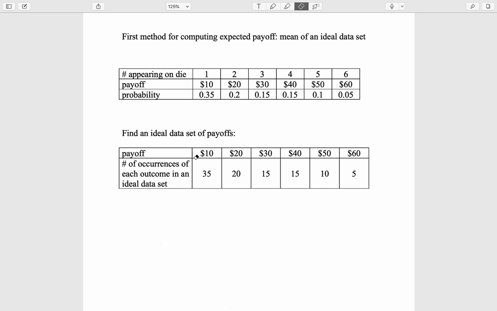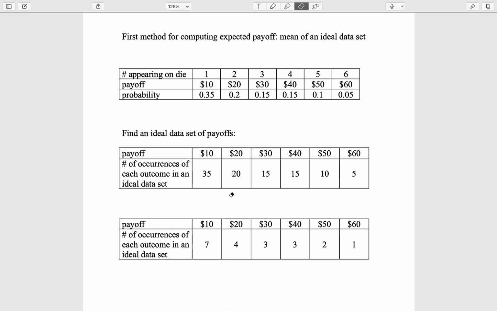So in a perfectly representative 100 rolls of the die, there are exactly 35 copies of $10, 20 copies of $20, etc., all the way up to 5 copies of $60. This is a perfectly good ideal dataset, but we can make our lives a little easier by noticing that each of these numbers of die rolls is divisible by 5.